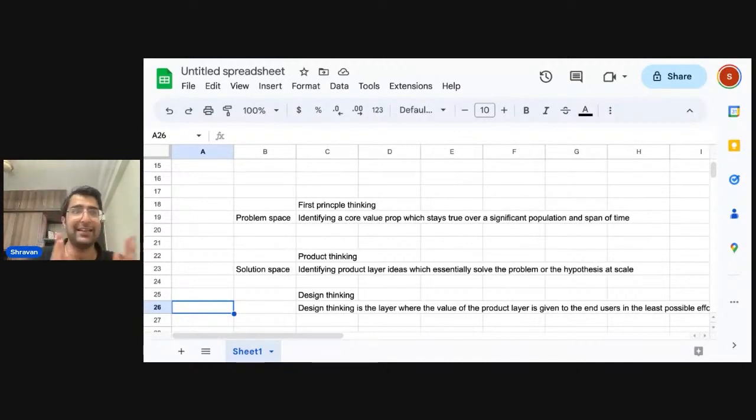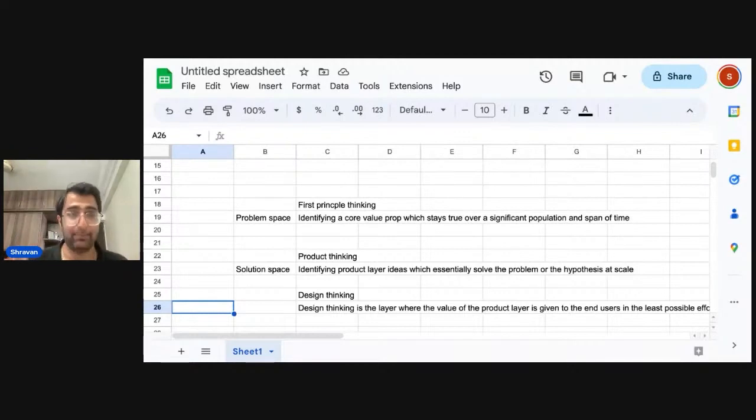So now you understand that the product design questions reside at the design layer, which essentially means you figured out a solution. What is the most beneficial UI, UX, information design, interaction design, so that the value of the end product is delivered in the fastest possible way, right?